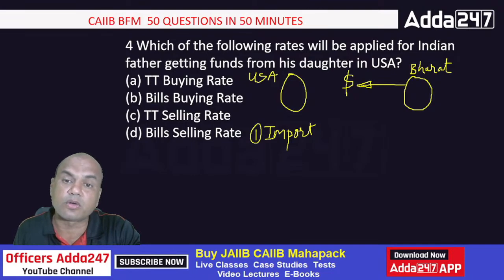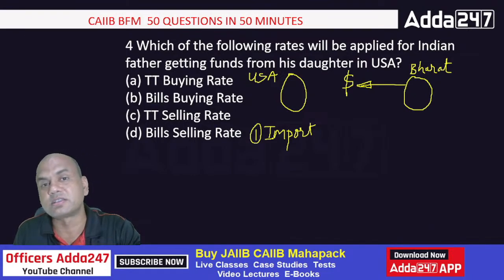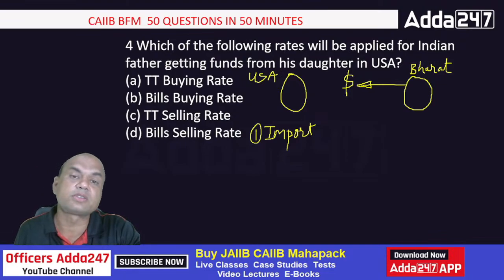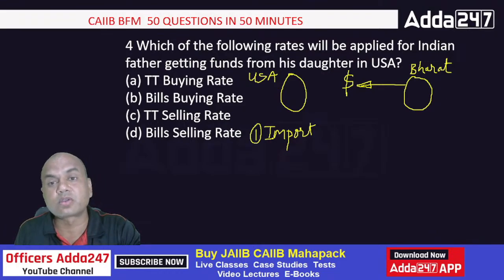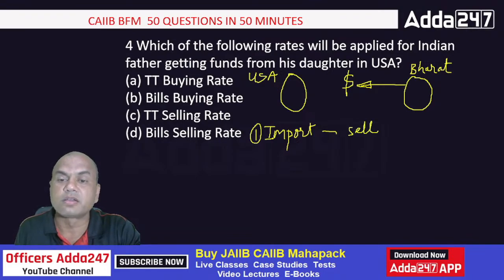So dollars will go out. Dollar is a global currency. Let it be Germany also, but I'll have to pay them in dollars only because that is a global currency. So whenever I do the import, my currency goes out, dollar goes out. And whenever dollar goes out, I'll be using the sell rate, sell.